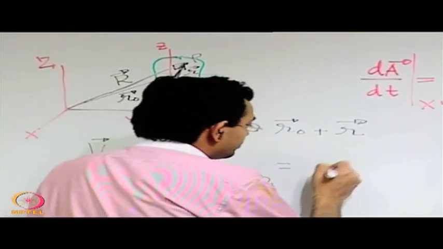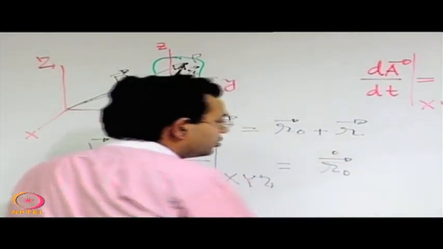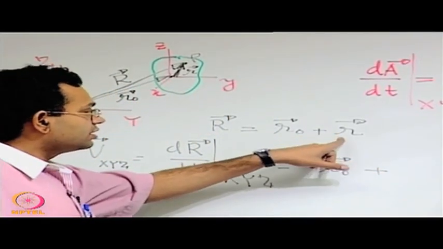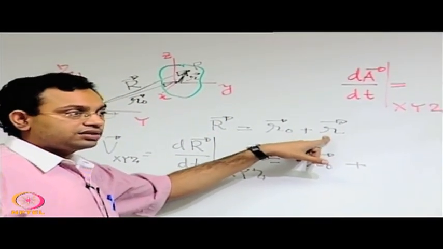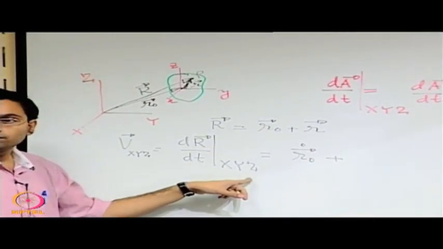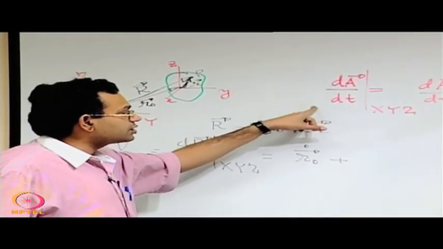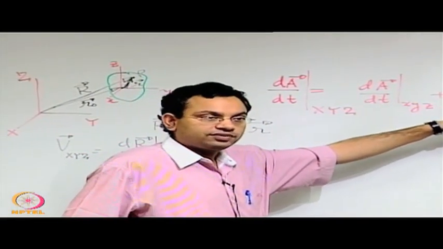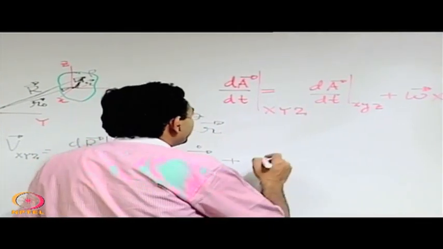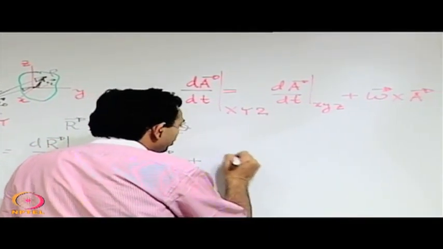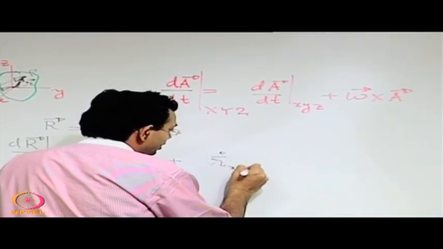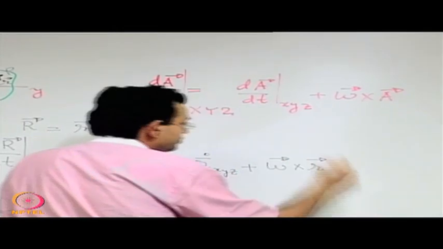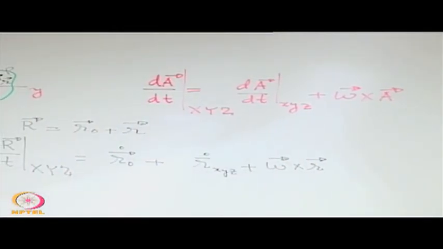So, this is R naught dot plus d/dt of small r relative to capital XYZ. The d/dt of small r relative to capital XYZ is d/dt of small r relative to small xyz plus omega cross small r, from this theorem. So, that means this is as good as r dot relative to small xyz plus omega cross r, right.